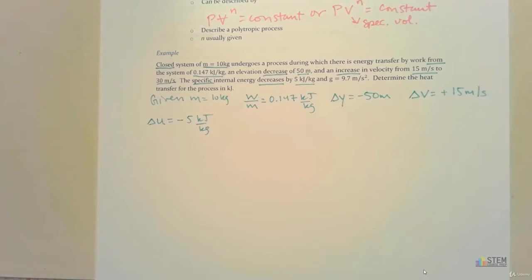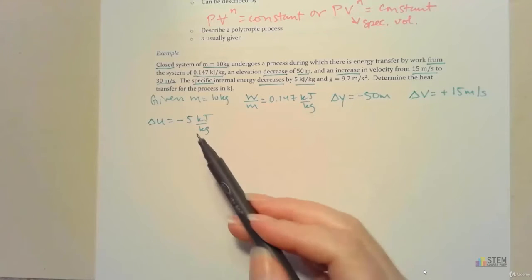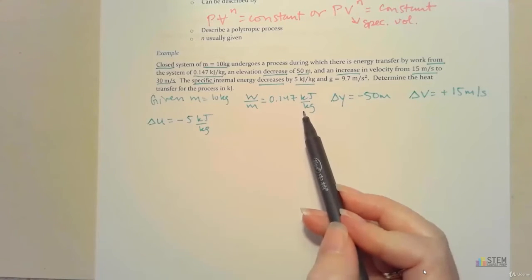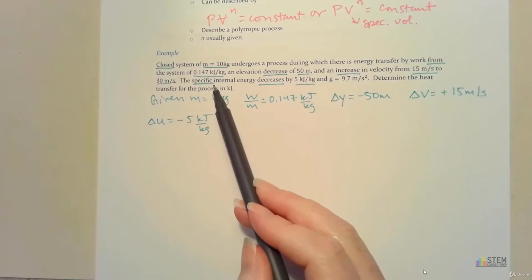Now if you think back, when we were doing that energy balance work, the units were all kilojoules. Now we've got all these kilojoules per kilogram, the same thing we had up here with work. Now when we're talking about internal energy, we have this term specific.